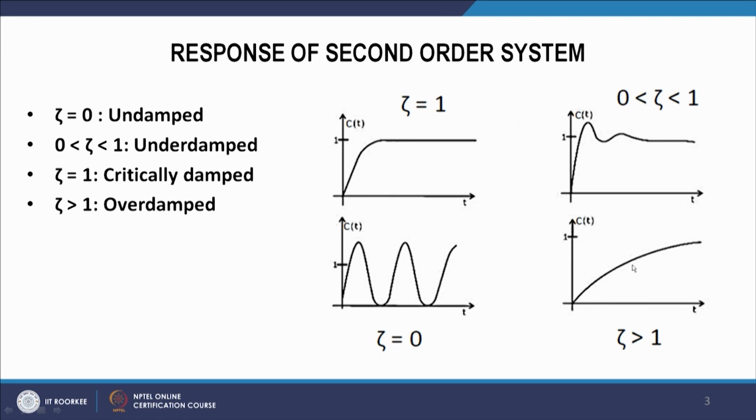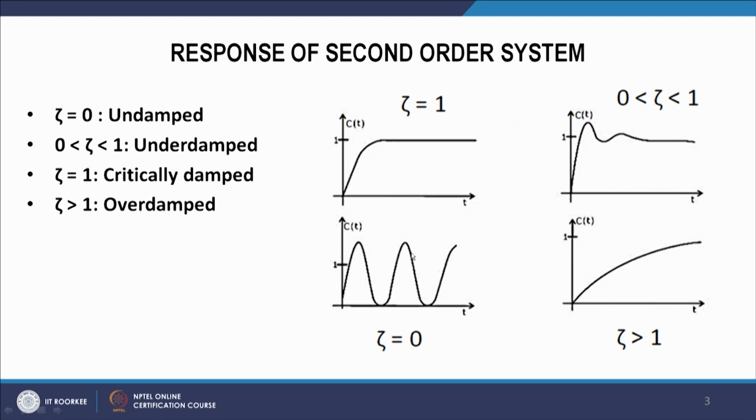Now zeta equal to 0. This is the response against a step input. Our step input is a unity step input, and we are looking at the response of the system against this input. Here we have an undamped system.